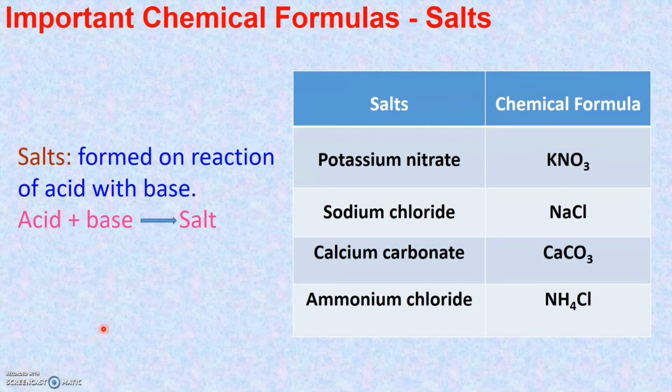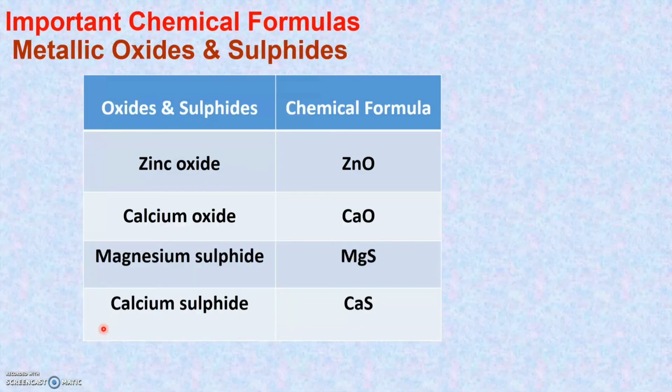Now we will see the chemical formulas of few important metallic oxides and metallic sulphides. Now what are these metallic oxides and metallic sulphides? When there is a combination of a metallic element with that of oxygen, the compound formed is called a metallic oxide. And when there is a combination of a metallic element with that of sulfur, the compound formed is called metallic sulphides.